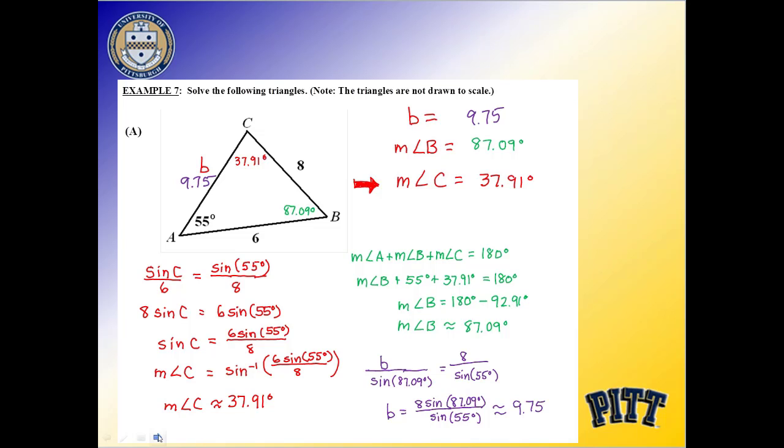So if I do the sine of 87.09 divided by 9.75, and then the sine of 37.91 over 6, and the sine of 55 over 8, do I get approximately the same things? Again, they may not be exact because of rounding issues, but they shouldn't be that far off either. I mean, they should at least agree for the first 2 or 3 decimal places. If they're not, then you're going to have an issue, and you need to go through your calculations and make sure everything is correct.